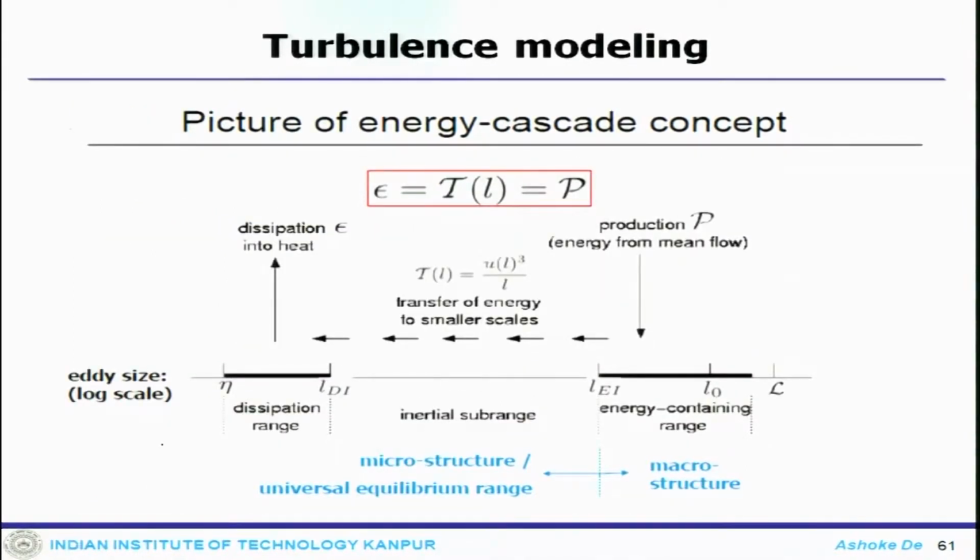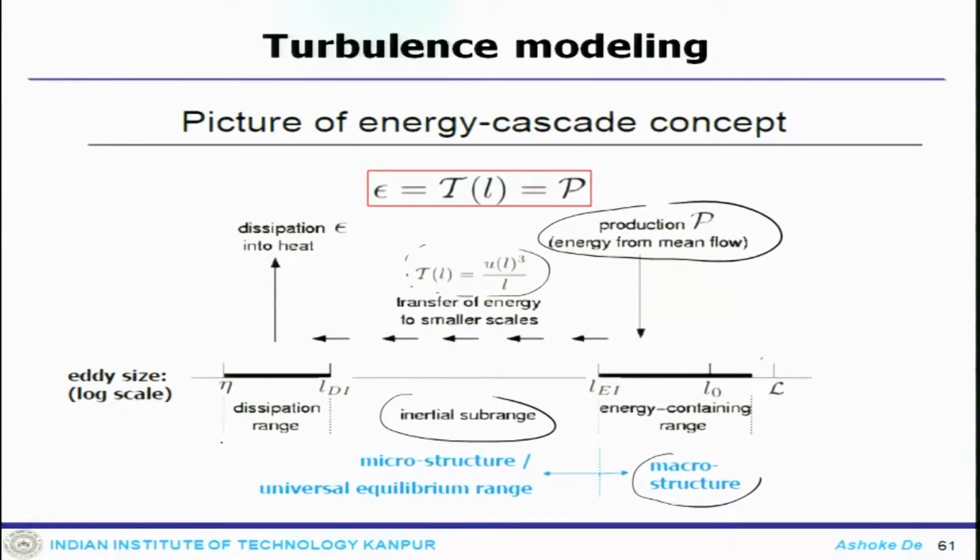Now, if you put this together in a nice picture, this is how the energy cascade actually takes place. This is the characteristic length scale, and then you have the energy containing range, or the macrostructure, where all the kinetic energy is produced. From there you come to the inertial subrange, where the energy process follows, and finally you get to this length scale and come down to the dissipation range.